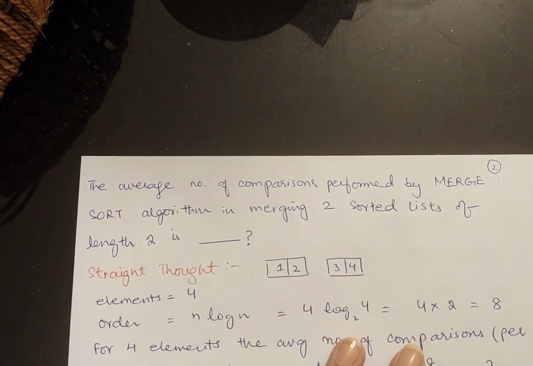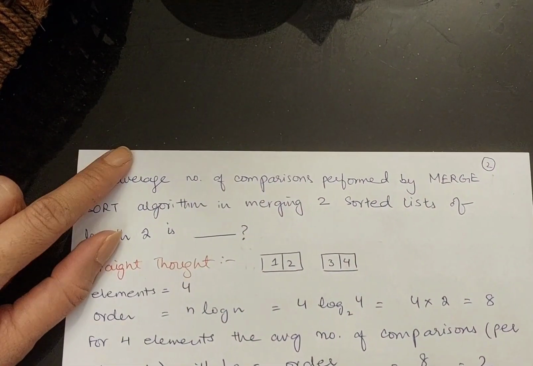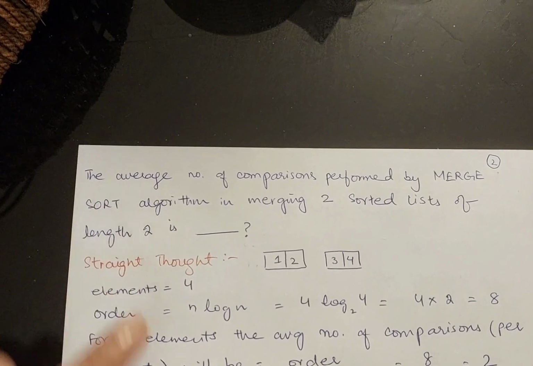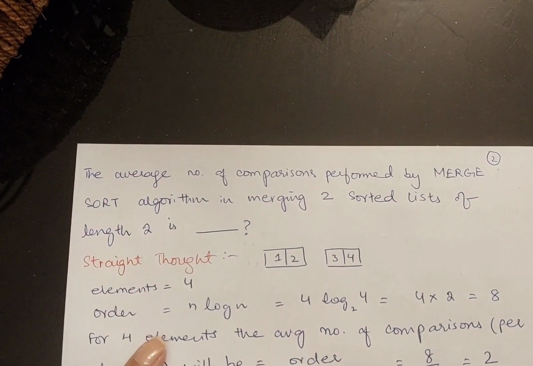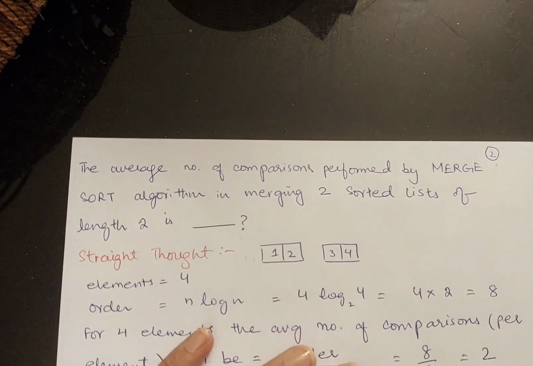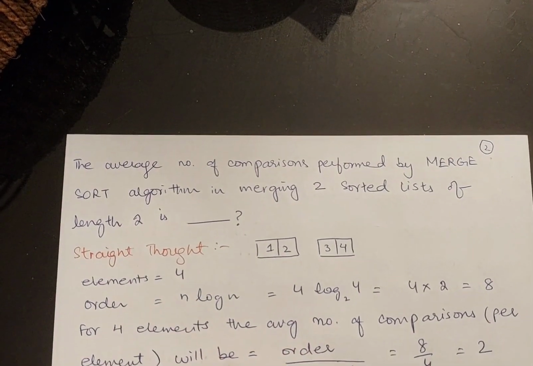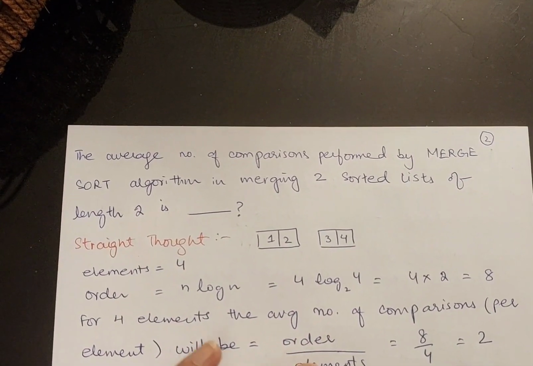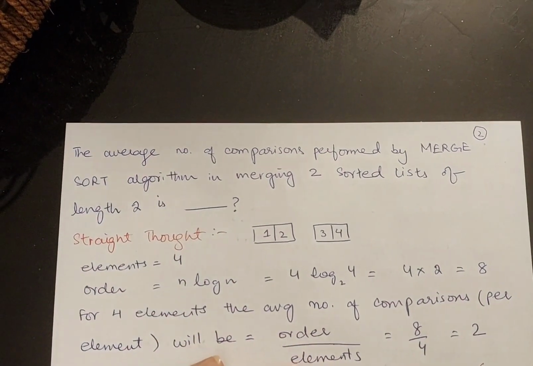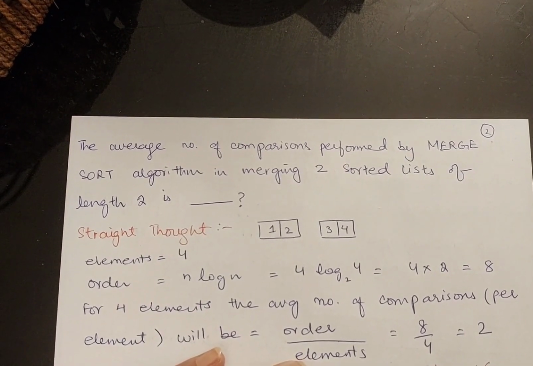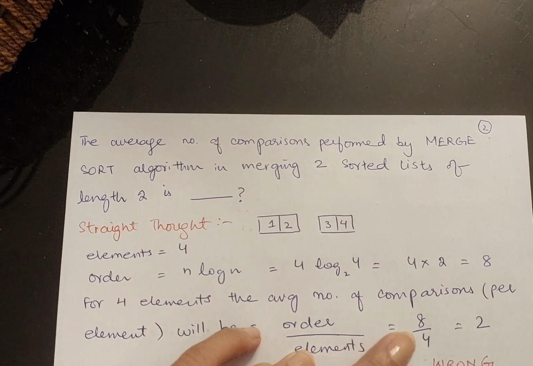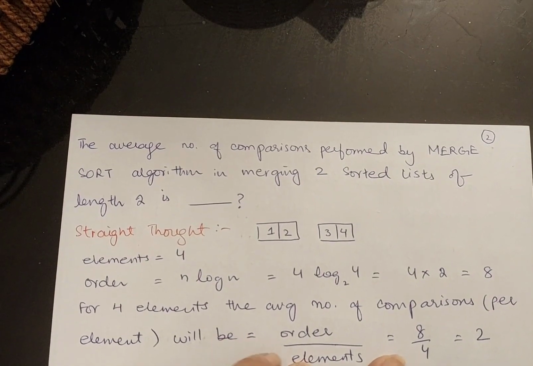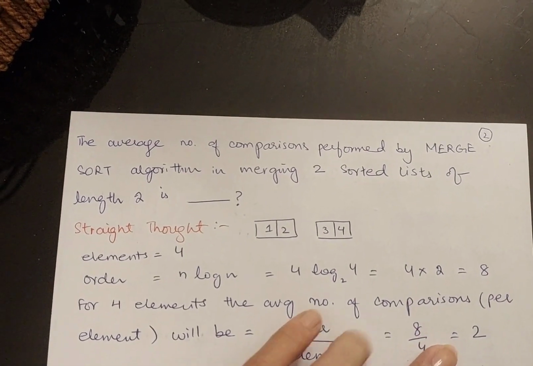And for the average number of comparisons, the comparison per element should be equal to the order divided by the number of elements. So if the order is 8 and I divide it by 4 elements, the answer should be 2.